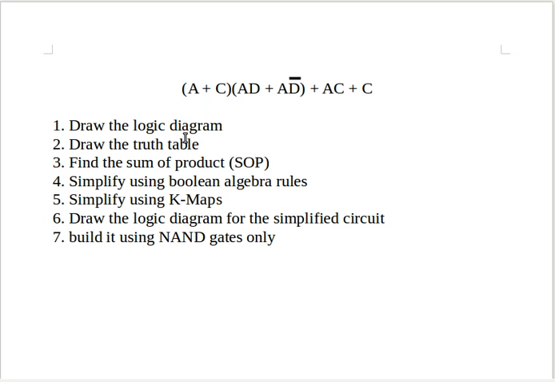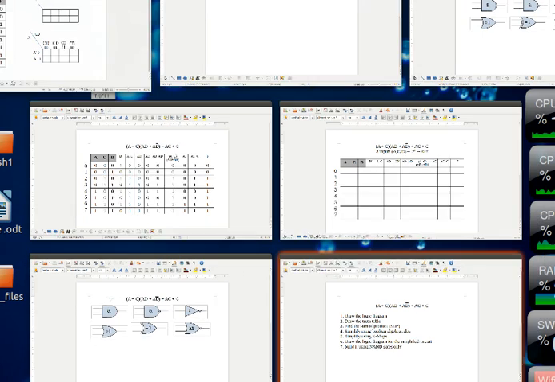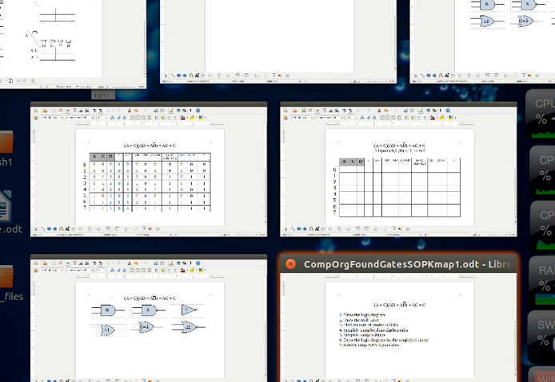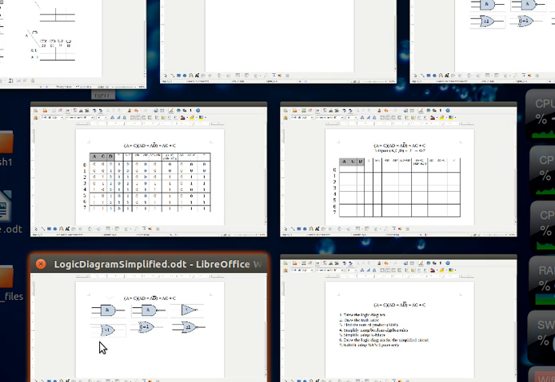Let's go and check. Let's first draw the logic diagram for A or C, parenthesis, now another parenthesis, AD plus AD not, plus AC or C. So let's go and check the logic diagram for this, and here we go.